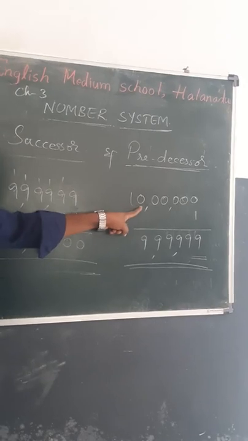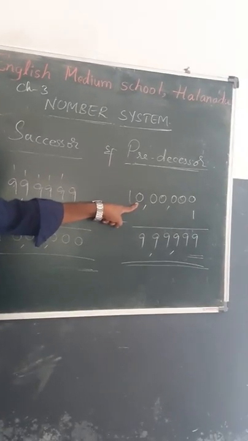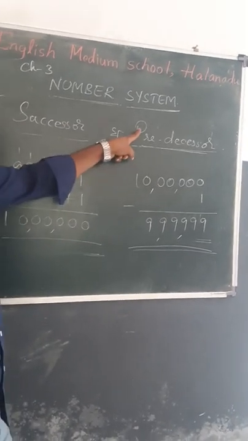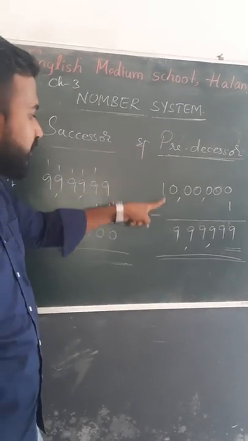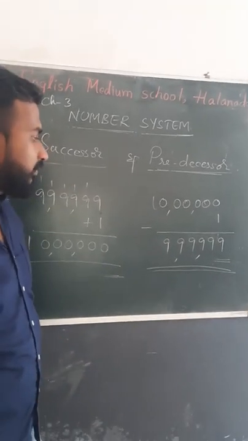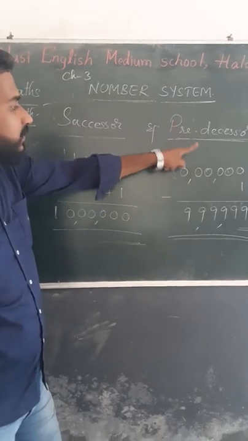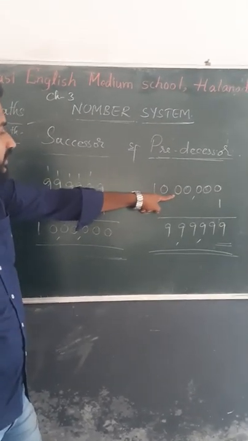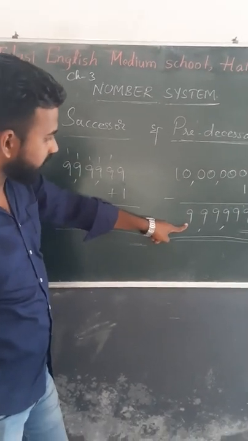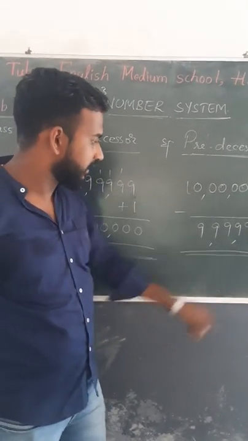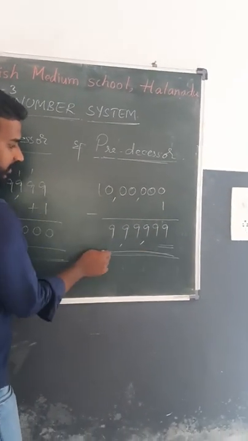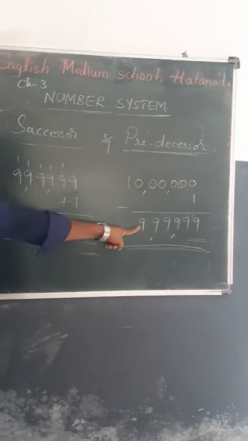Here it was the smallest 7-digit number. The predecessor of the smallest 7-digit number is the largest 6-digit number, that is 9,99,999. Here there were 7 digits. Now we have only 6 digits.